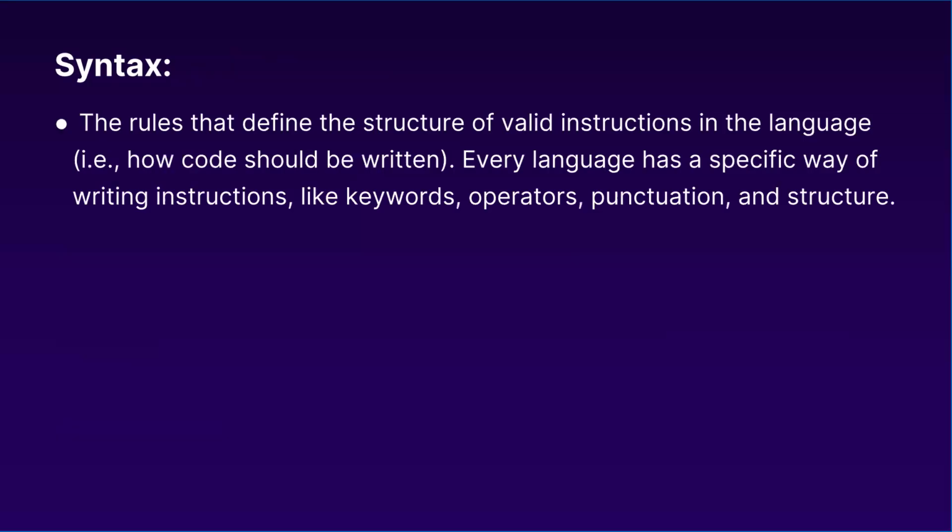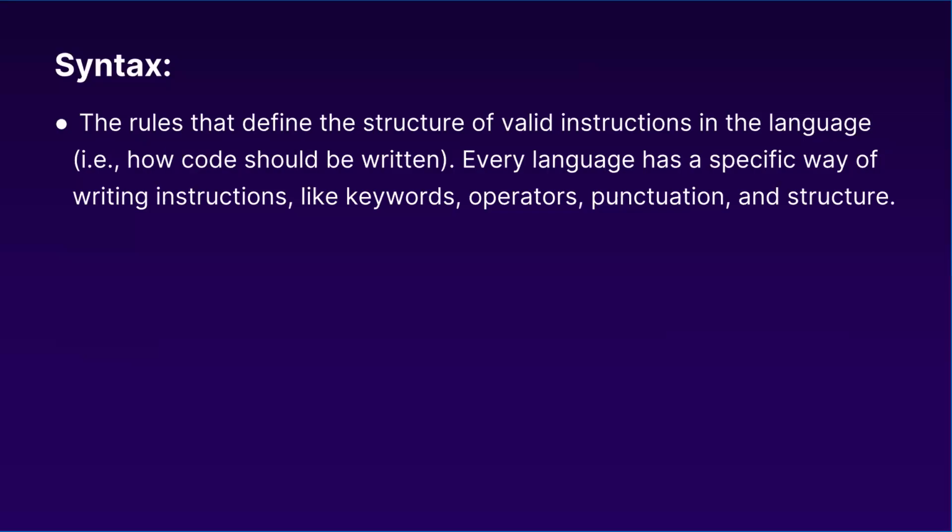So syntax is the rules that define the structure of a valid instruction in the language. The computer says, if you want to talk to me in this particular programming language, you have to follow these rules. You have to structure your instruction in a way that the computer will understand. So how should code be written? When you're writing your code, how valid is it?